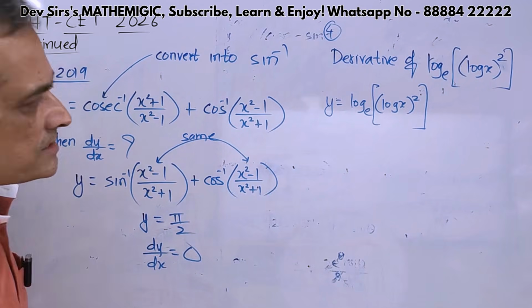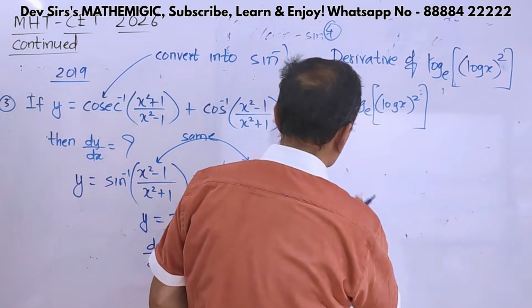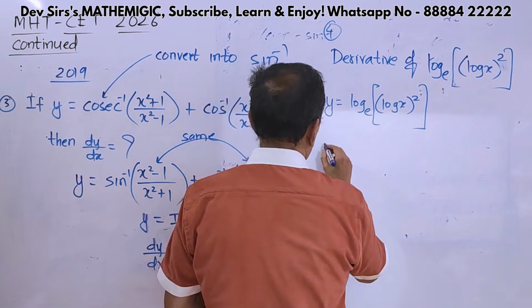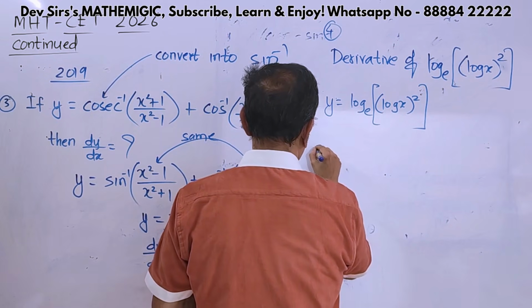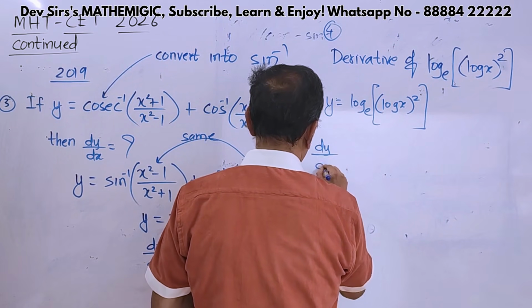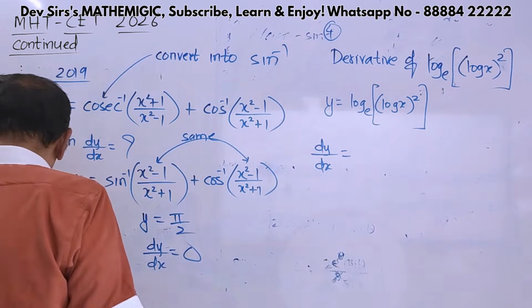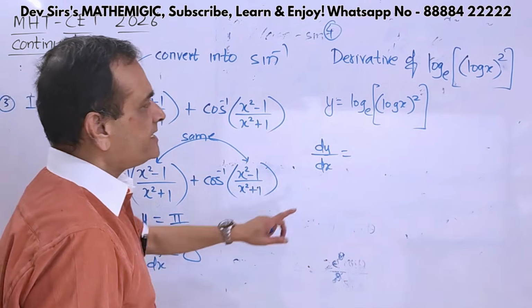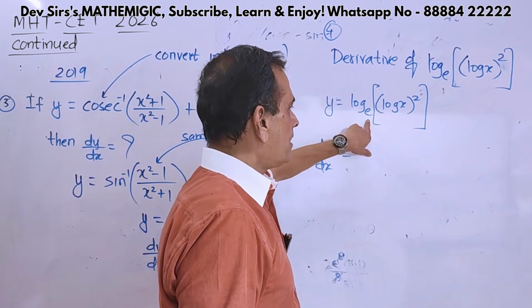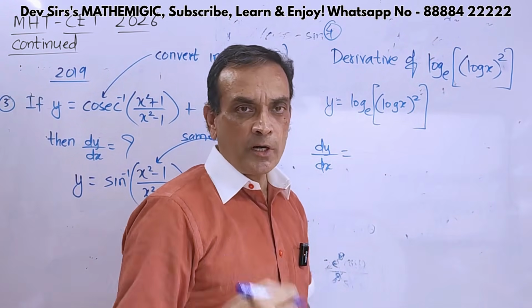Naturally variable is x, so differentiate with respect to x. Now remember, when the base e is given, derivative of log x is 1 upon x.